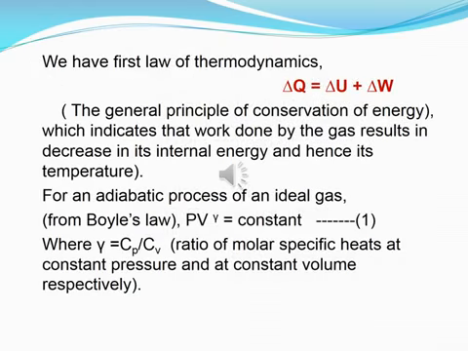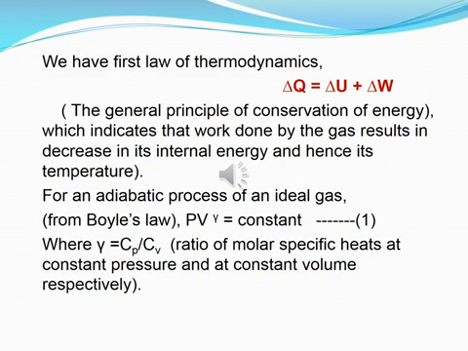We have the first law of thermodynamics. It is the general principle of conservation of energy, which indicates that work done by the gas results in a decrease in its internal energy, and hence the temperature for the ideal gas.